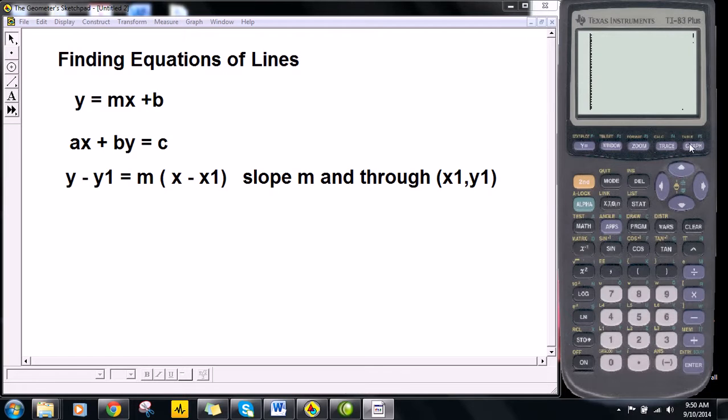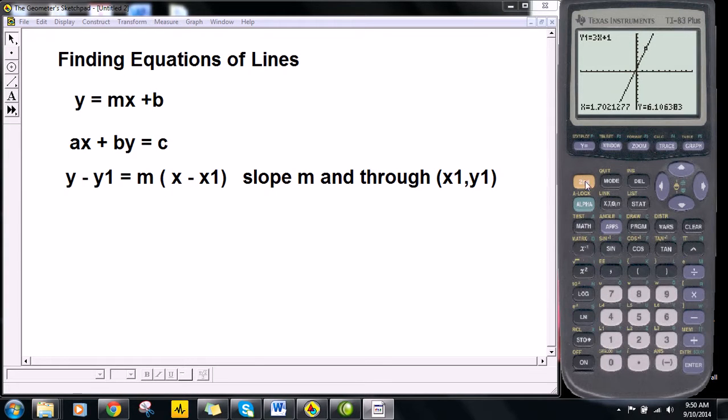So here we go. Let me change the window. Sorry, in stats mode. So this particular line here, here's my y-intercept, (0, 1), noted by this plus b. And it's going to rise 3 for every 1 it's moving over.